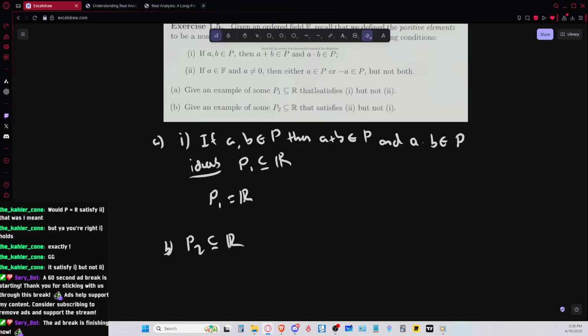And the only subsets that split off of each other that I see are the rationals to the real numbers and the integers to the rational numbers.